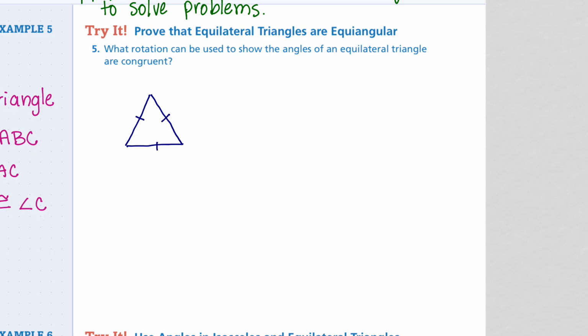So what rotations can I use? Find the center of your triangle. That center, let's call it point D, has to be the same distance away from points A, B, and C. So it must be the center of the triangle.